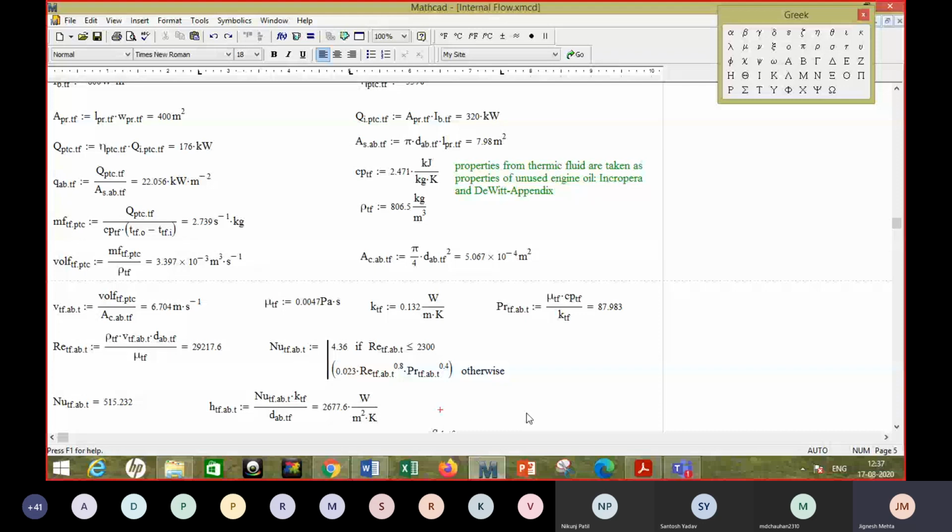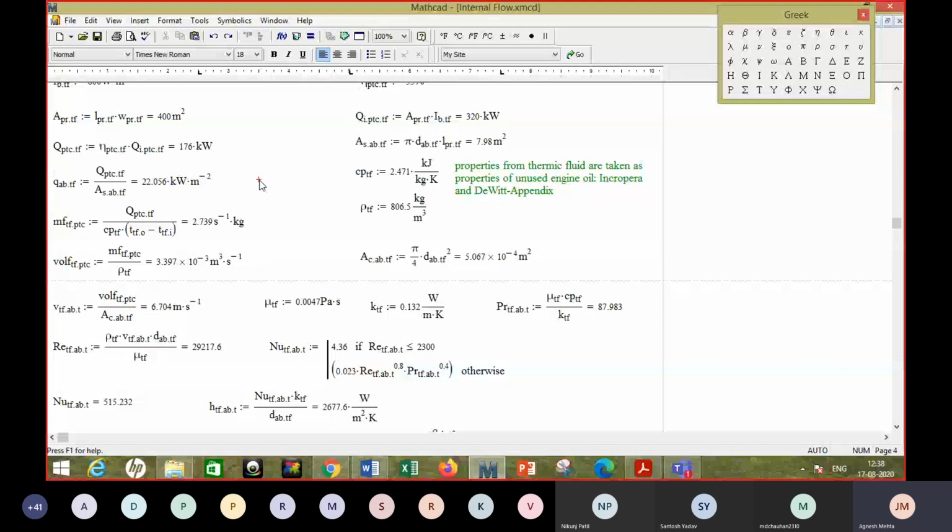Or you can say Qs double prime is equal to h into delta T. So you find out delta T. Heat flux is the same everywhere. How much is the heat flux? We had found it here: 22.056 kilowatt per meter square. This is the heat flux on the absorber tube.